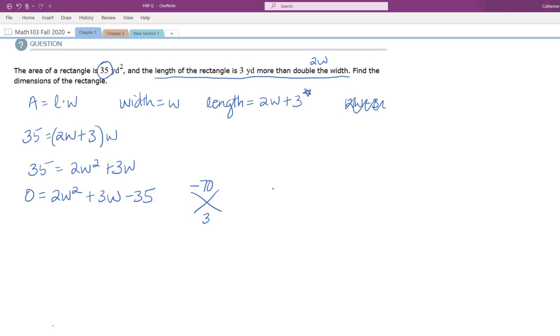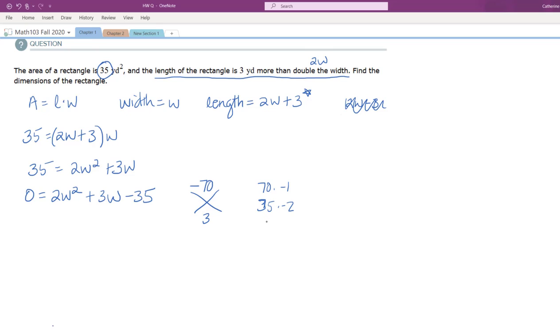If you have absolutely no idea, just start at the beginning: 70 times 1, and 70 times negative 1 adds up to 69. Clearly that's not right. 2 and 35, so maybe 35 times negative 2. Nope, that's not going to work. 3 doesn't go into 70. 4 does not go. 5 goes, and you might be using your calculator at this point.